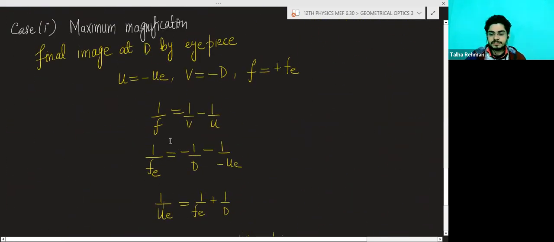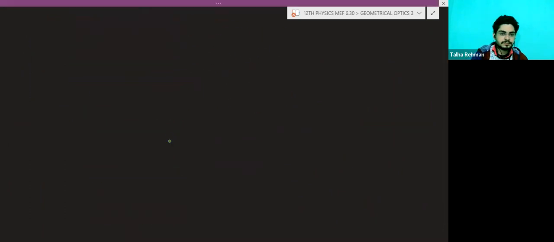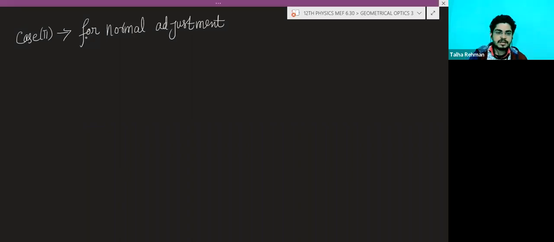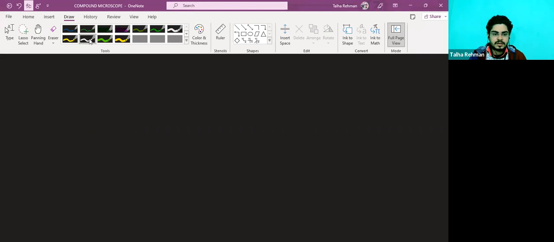Now for the normal adjustment, case number second. In case of the normal adjustment, the final image is formed at infinity.